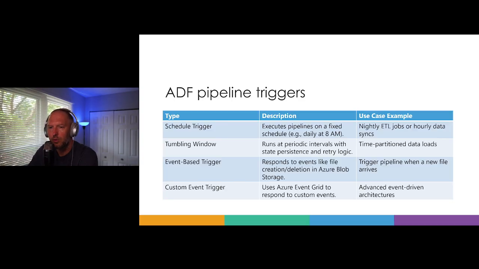And also, you can create custom event triggers. You have special custom event activities. For example, you can use Event Grid or Event Hub and provide more custom event-driven architecture in your triggering of pipelines.